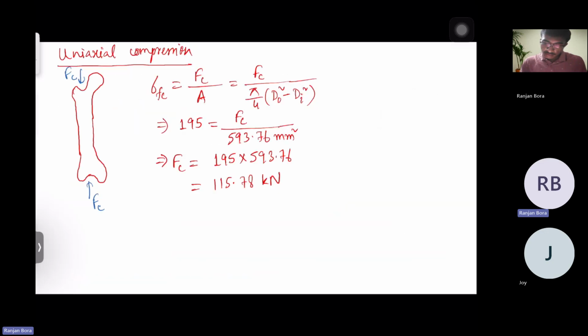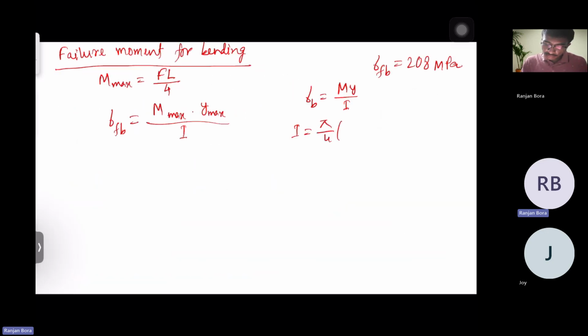So I is pi by 4 times r naught to the power 4 minus r_i to the power 4, equal to pi by 4.